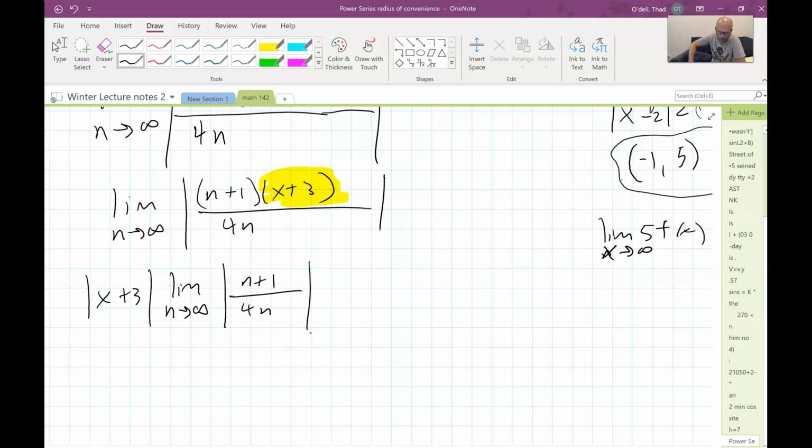Since they're both the same degree on top and bottom, we just look at the ratio of leading coefficients. So we end up with 1/4 here. So this would be the absolute value of 1/4 times x plus 3. Whoops, I made that wrong.